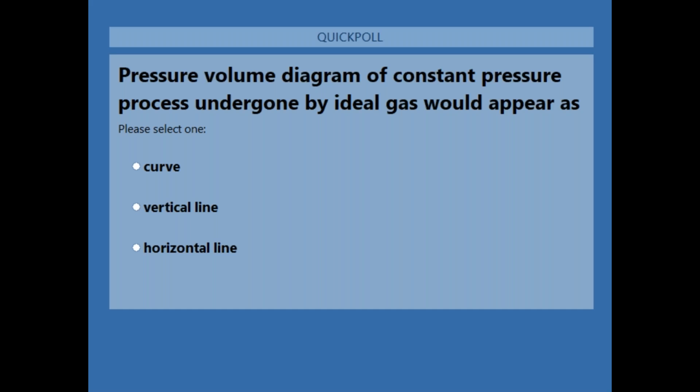For example, in engines, IC engines, internal combustion engines, be it a petrol engine or diesel engine, you can visualize the working fluid as being closer to the gas form.